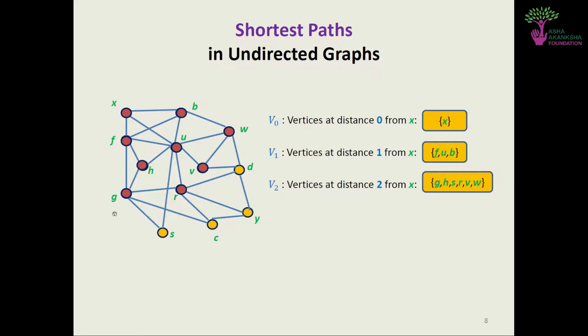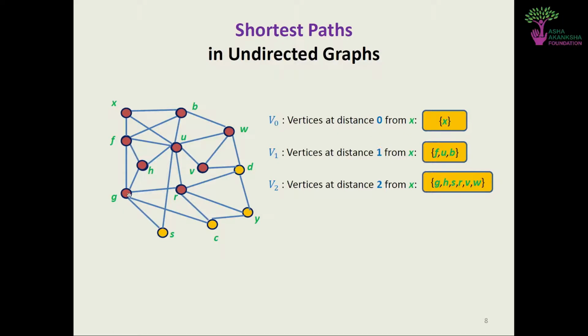Then h and g, these two were infinity. Since these two were infinity, they have not yet appeared in our search. So we assign these to V2. These would be part of V2, and the distance would be the distance of f plus 1. The distance of f was 1, so the distance would be 1 plus 1, which is 2.